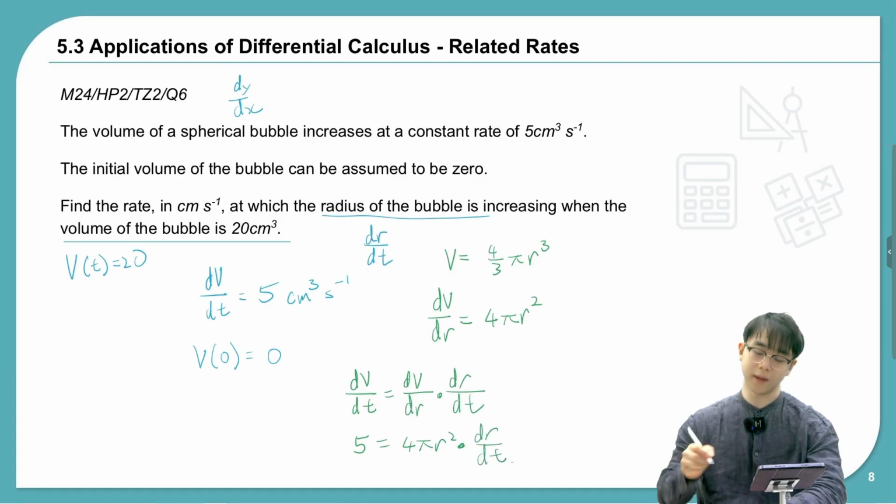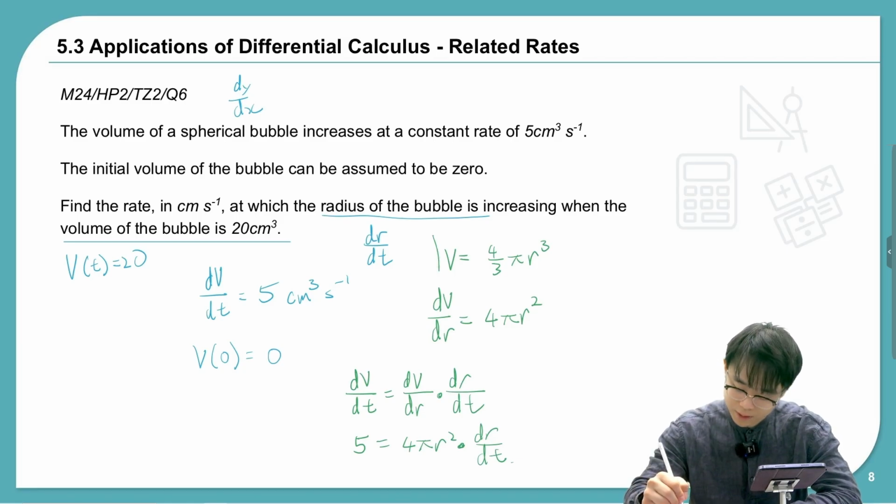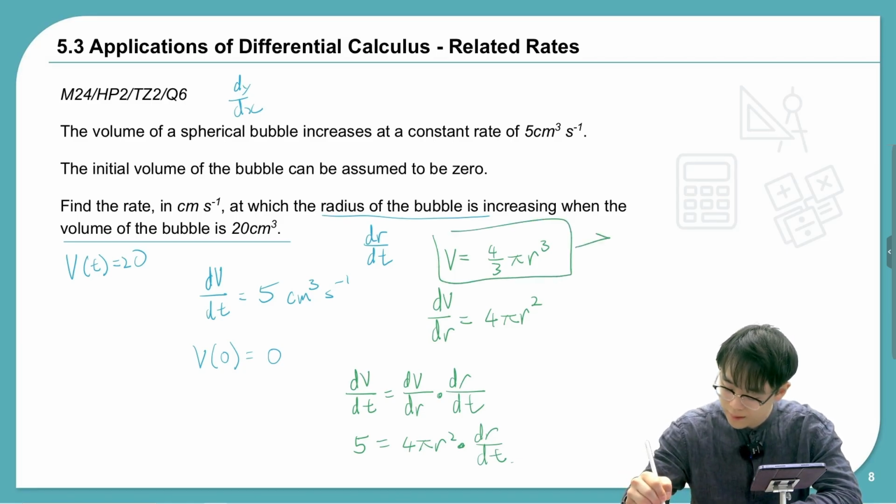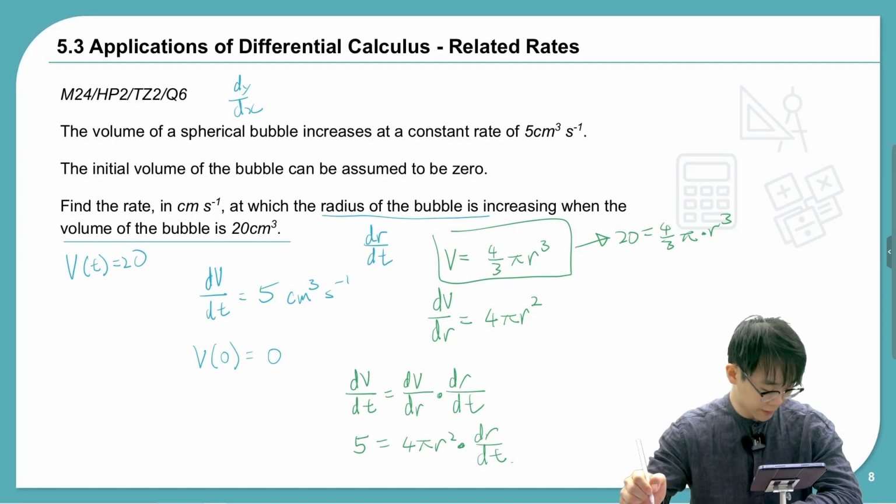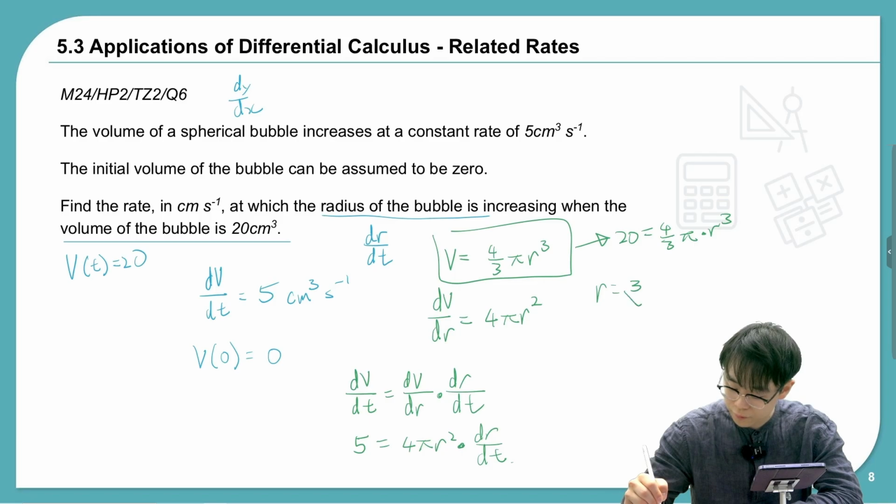Then we need to know what r is, so we solve for this one. We said the current volume is 20, so we should be able to figure out what r is. r is going to be the cube root of 15 over pi.